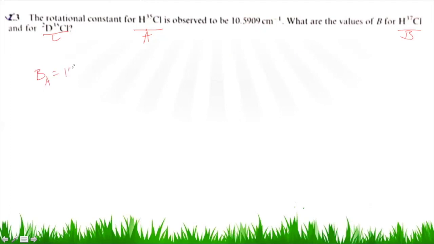That is 10.5909, the rotational constant, is given. Then BB is not given, and BC is not given.